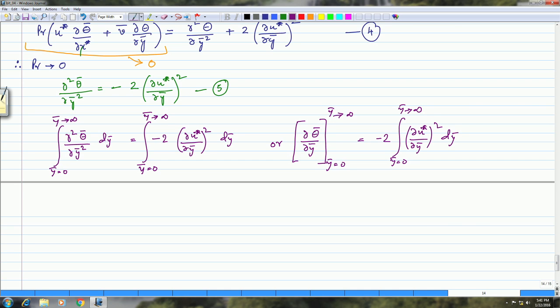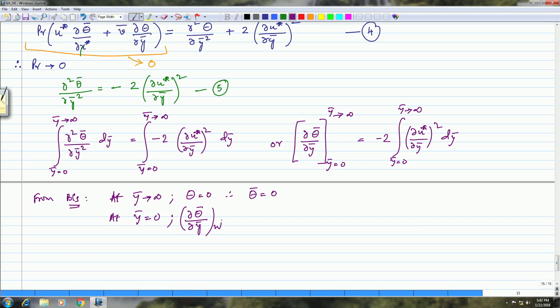Now, from the boundary conditions, at y bar at infinity this is equal to 0, and at the wall we are just going to denote it like that.